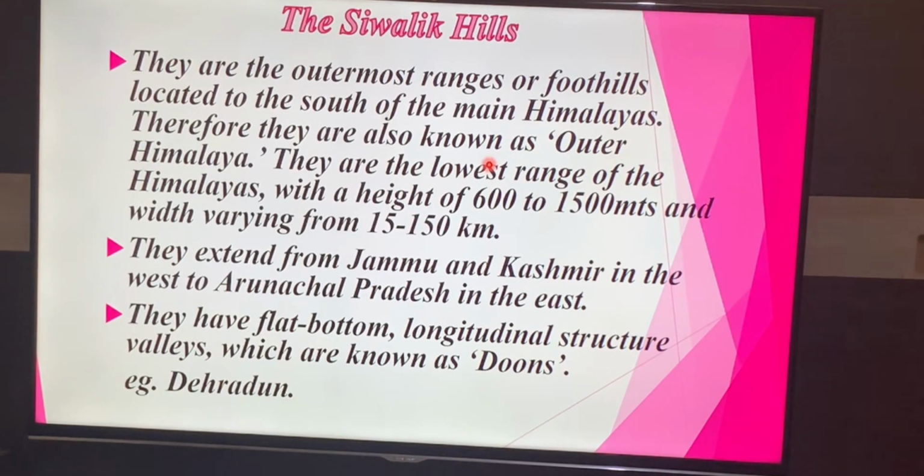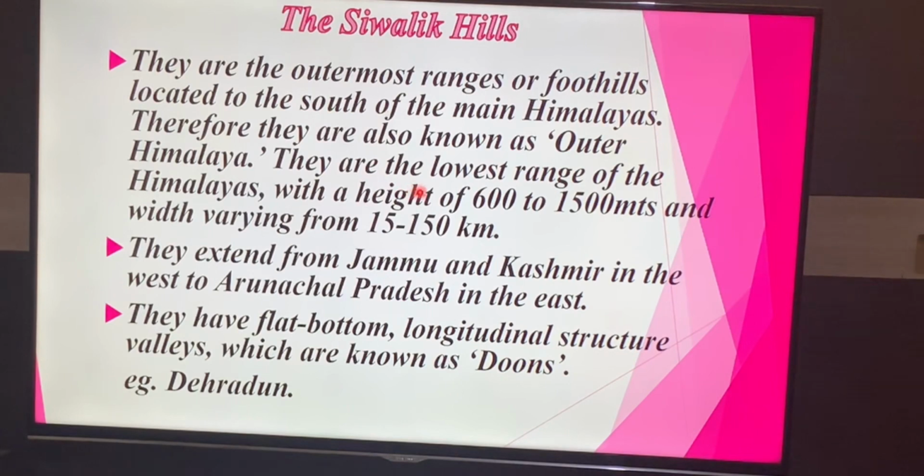Next, we will learn about Siwalik range. Siwalik Hills is also called as Outer Himalaya. They are the outermost range or foothills located to the south of main Himalayas. Therefore, they are also known as Outer Himalaya.